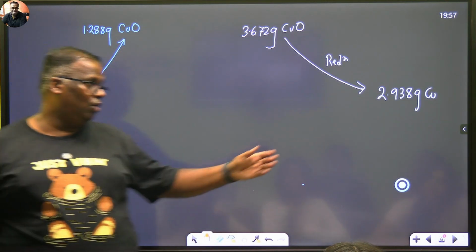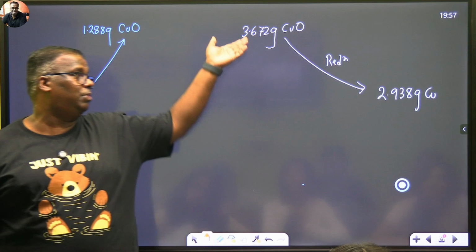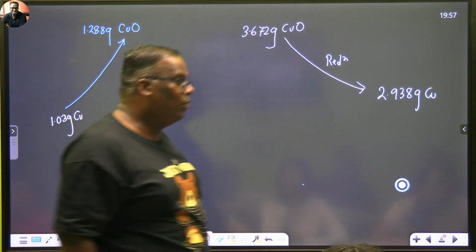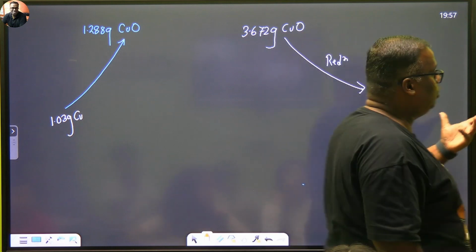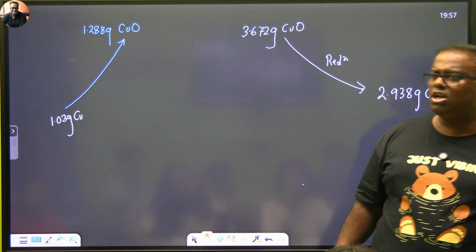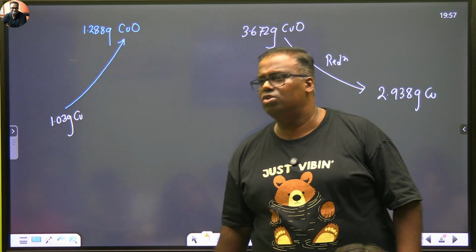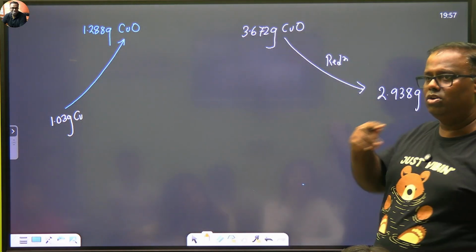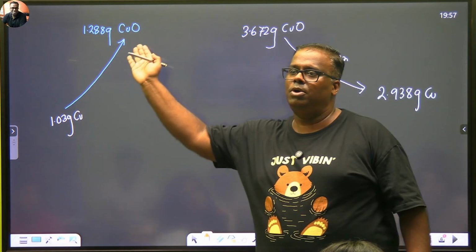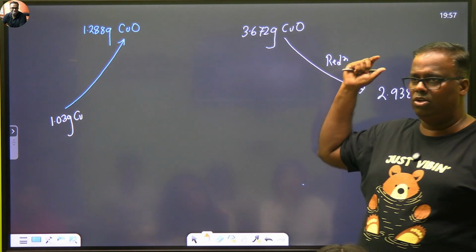Either you find out what is the fraction of copper here and what is the fraction of copper here, then you get to know that the proportion is same in both. एक तो ऐसे निकाल सकते हैं, या फिर आप ऑक्सीजन का भी हिसाब निकाल लीजिए कि कितना ऑक्सीजन निकलेगा। And then you should show that to form this, copper and oxygen were in this ratio, and that's the best way to show.